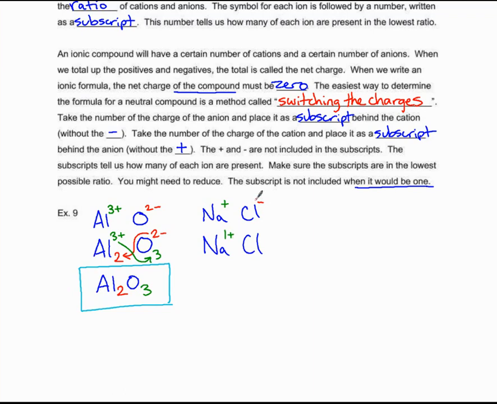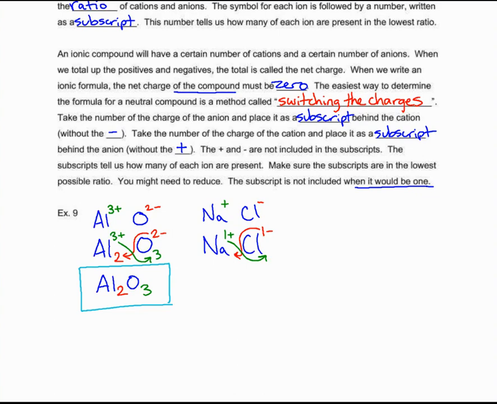And same with Cl minus, it's actually a 1 minus charge. And so if you follow this, take the number of the charge of the anion and place it as a subscript behind the cation, this number would go right here. And the same with this one, the number of the cation goes here.